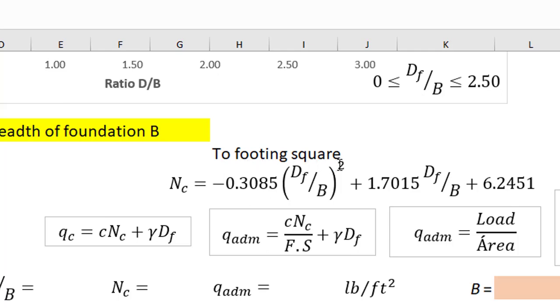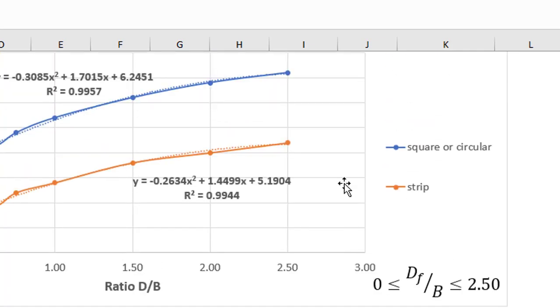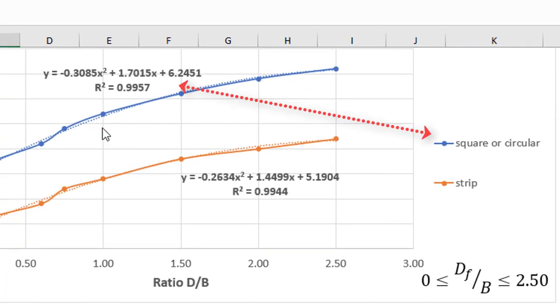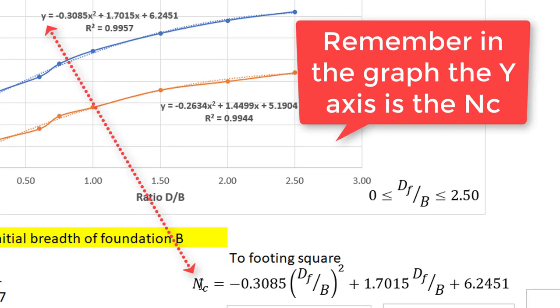For a square footing, the equation is for the blue curve, y and x.